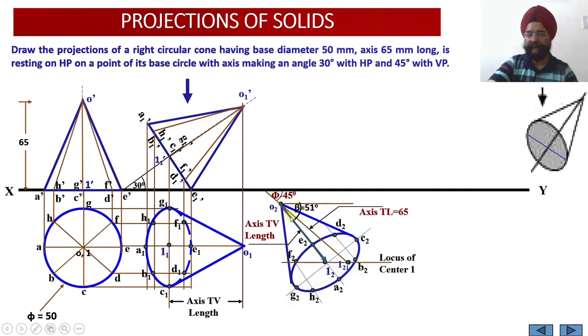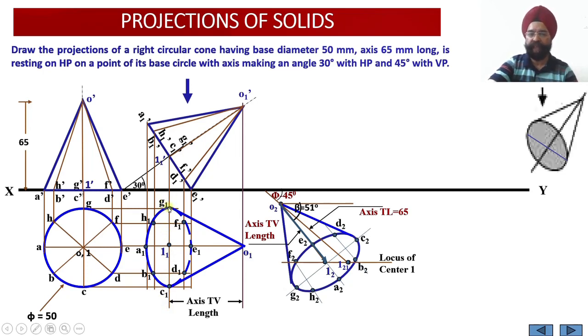Step number 1, I have transferred this axis and then drawn a locus line perpendicular to the axis line. You see, this is my axis line. I have drawn a locus line which is perpendicular to the axis line. Please check. This is my axis line. This is my perpendicular to the axis locus line. Now from this line, I'll again start marking the points.